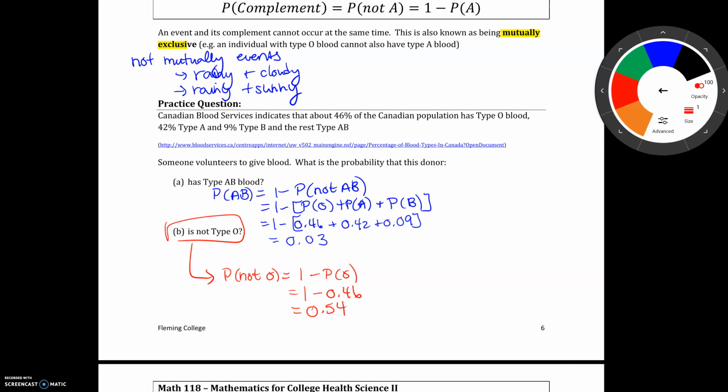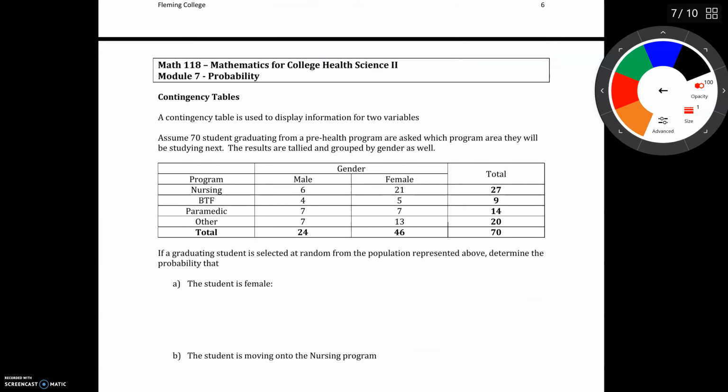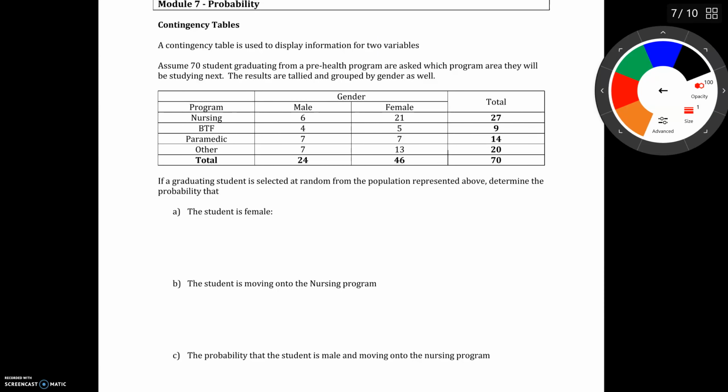And in the next two pages of the notes, we're going to introduce two other ways that data is sometimes organized and that we try and calculate probabilities from. So the first way is what's called a contingency table.